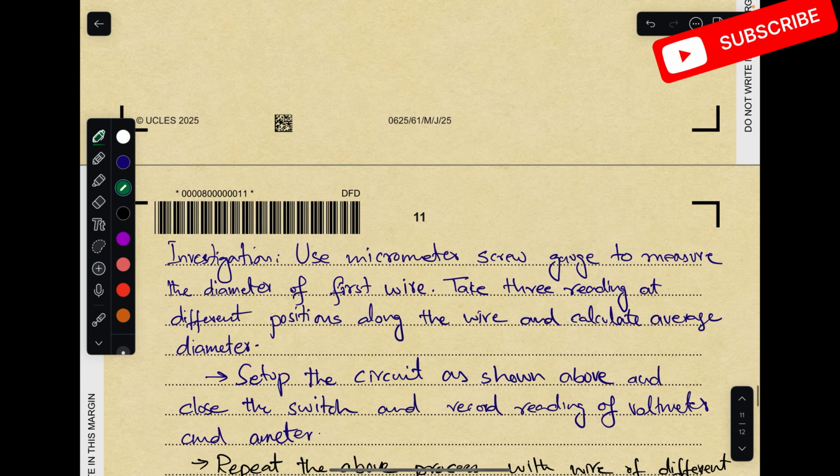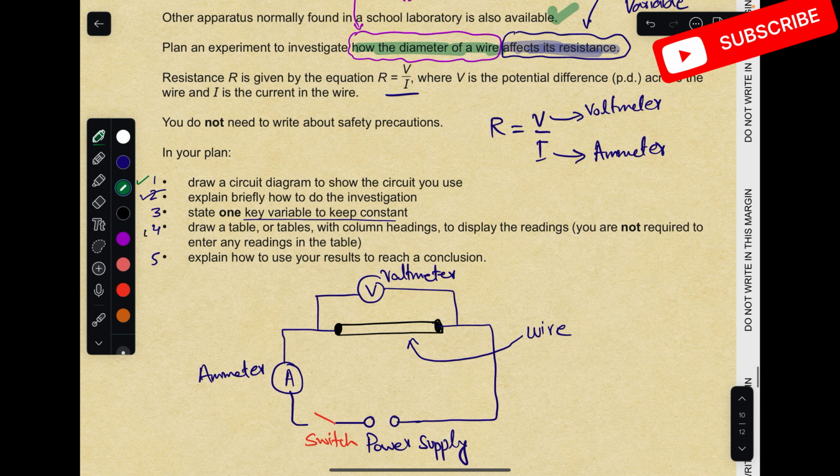The last thing they're asking, the fifth. We're done with third and fourth. Fifth: explain how to use your result to reach the conclusion.